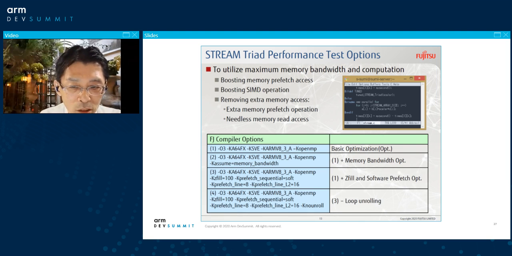The second option set is 1 plus a memory bandwidth option, that means -Kassume=memory_bandwidth. The third is almost the same as number 2, but different in using the directive, Zfill, and software prefetch operation. I'll talk about that on the next slide. And the fourth option set is the same as number 3, but eliminating loop unrolling.